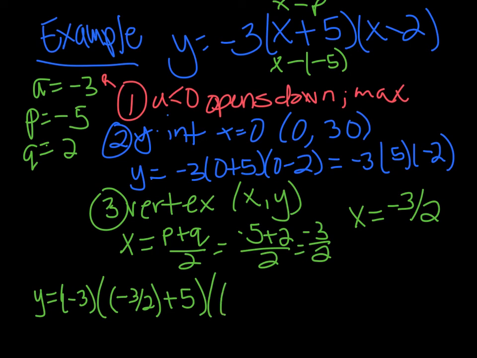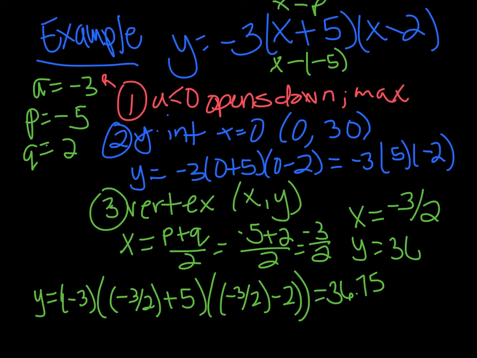Once again, same thing, negative 3/2 is in its own parentheses, minus 2, and close out your parentheses. Put that in the calculator, let me know what you get for a y value. So I got y equals 36.75, which can also be written as y equals 36 3/4. Okay, we'll look at our x-intercepts next, and then we'll graph the whole thing together.